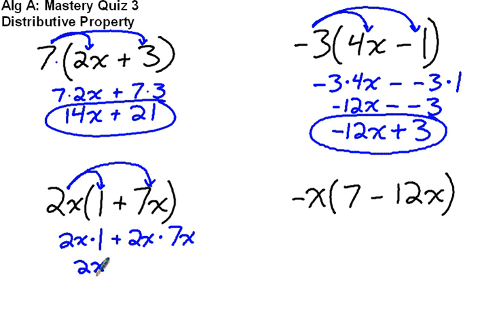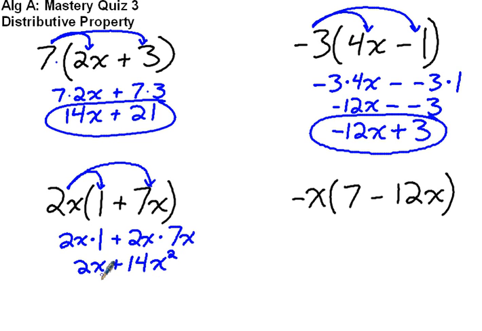Still have our x, plus 2. We have to multiply our numbers together, and then we're going to deal with those x's. So 2 times 7 is 14. And when I've got an x times another x, that means x squared, or x times x.